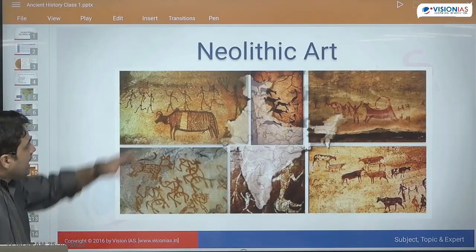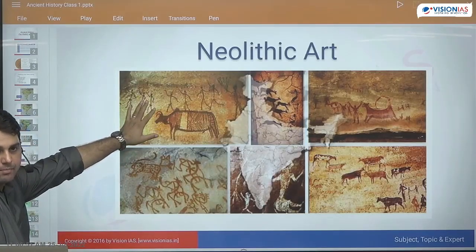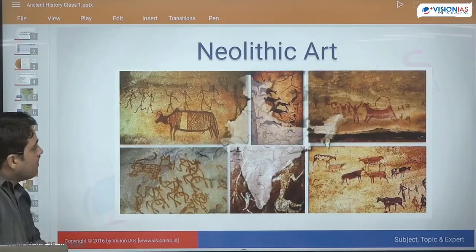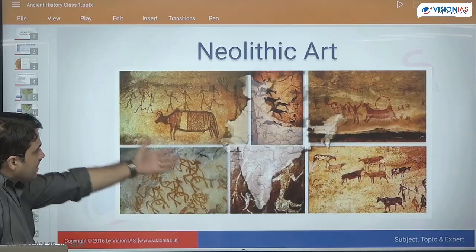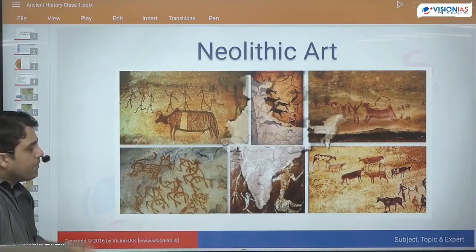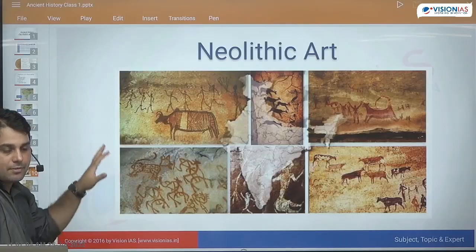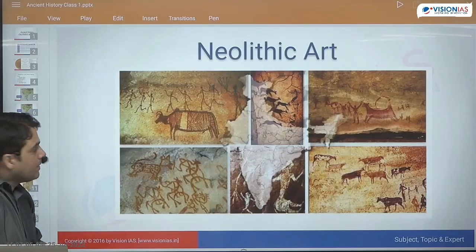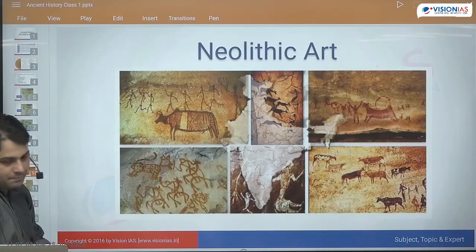Although I have mentioned here Neolithic art, some of those paintings are also from the Mesolithic period. So we have, for example, a celebration scene or cattle rearing, some sort of hunting also. So we do find all these evidences, all these artistic expressions from early settlers.